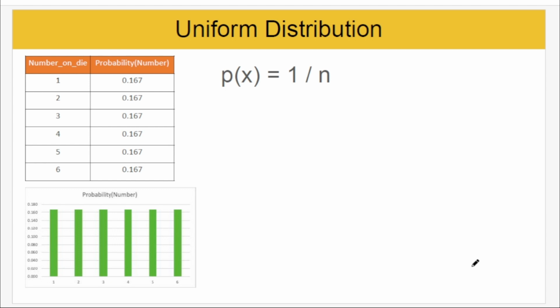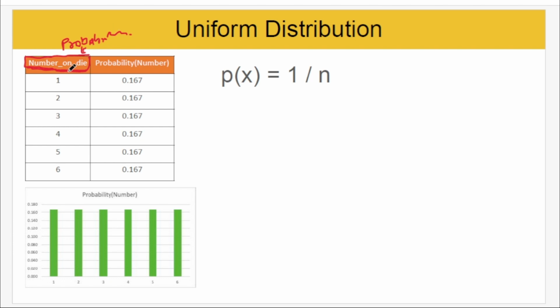Uniform distribution is for what? A random variable, correct? There is one random variable we are talking about. What is our random variable? Number on a die. And we are asking what is the probability distribution of this random variable.